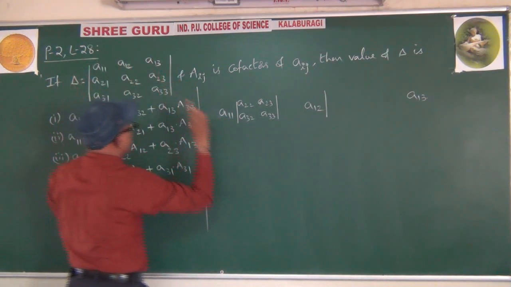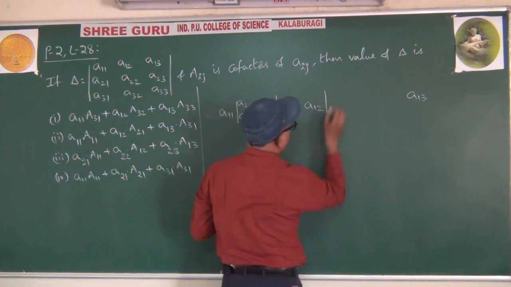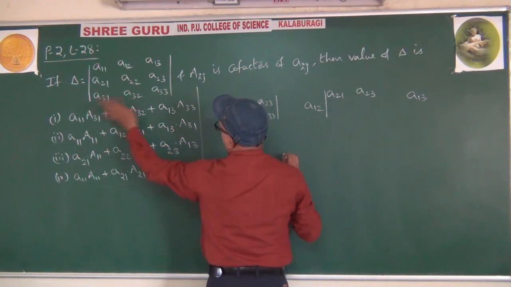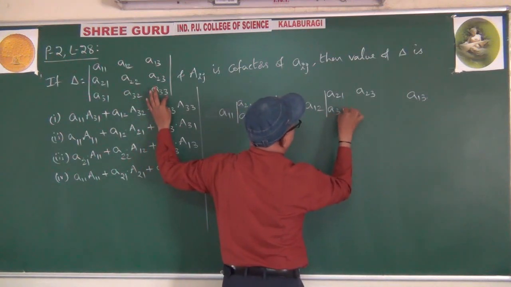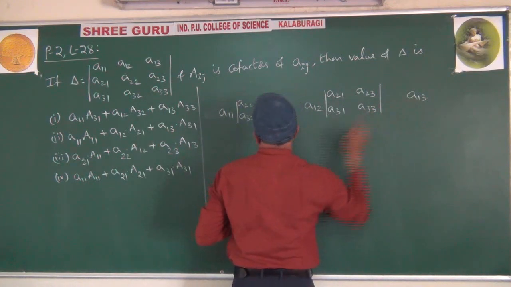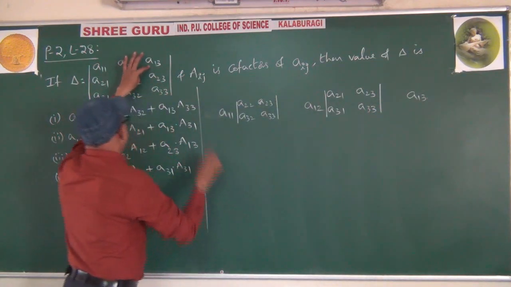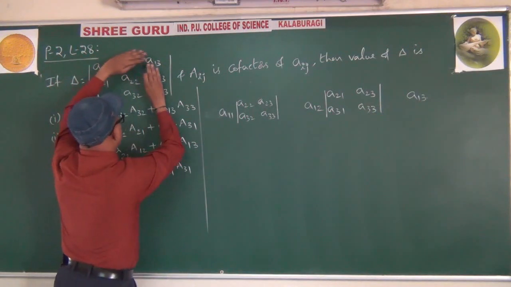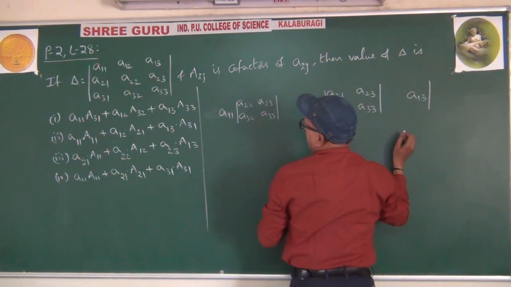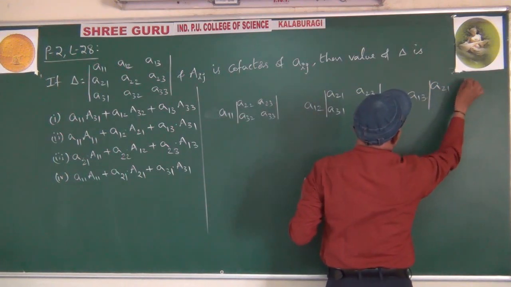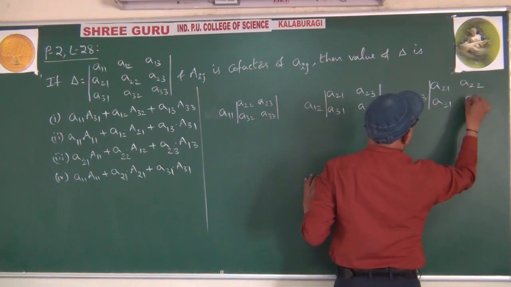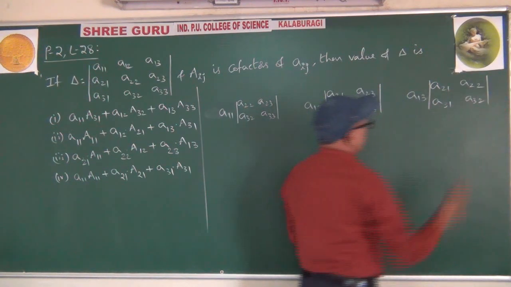For the remaining part, the determinant of A21, A23, A31, A33. Next A13, where is A13? First row, last column. Remove it. For the remaining part, the determinant of A21, A22, A31, A32. Okay?